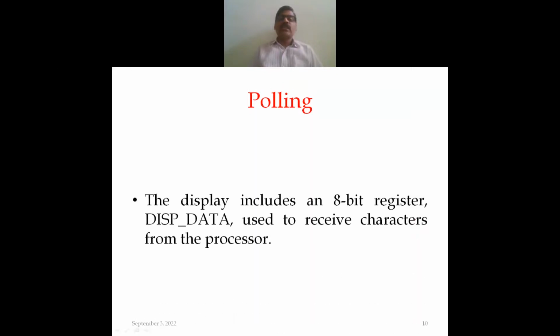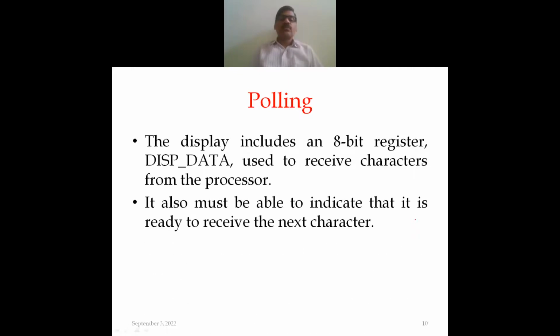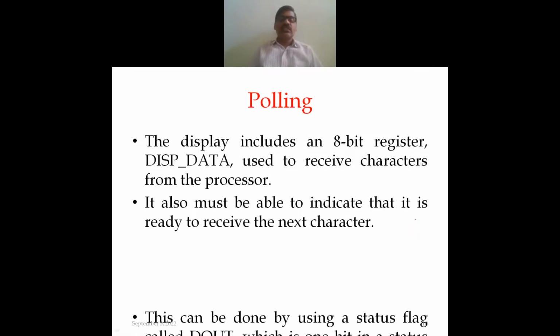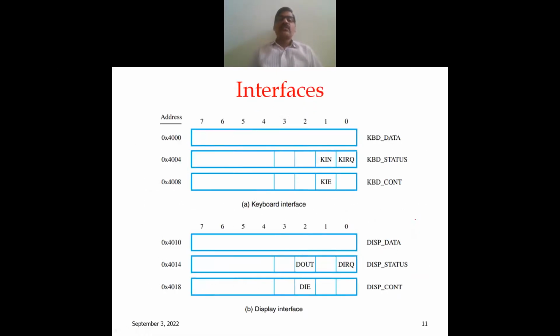The display includes an 8-bit register, DISPLAY_DATA, used to receive characters from the processor. It is also able to indicate that it is ready to receive the next character. This is done using a status flag, called DOUT, which is one bit in the status register DISPLAY_STATUS.